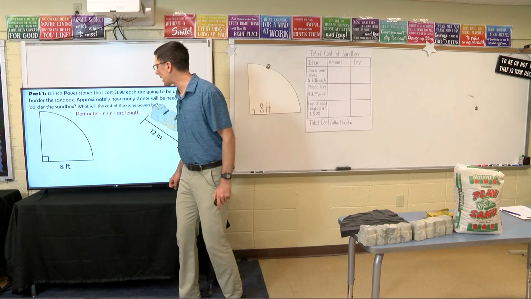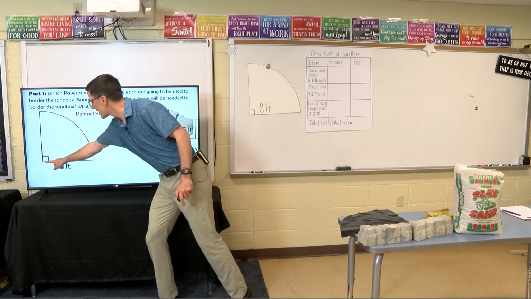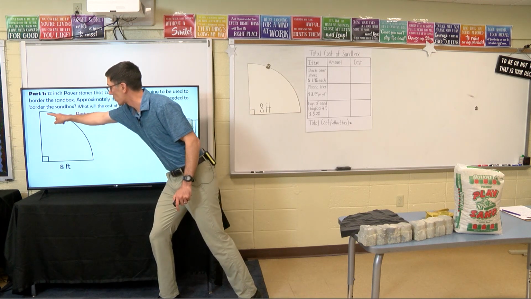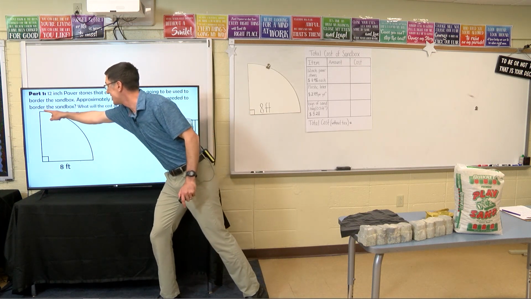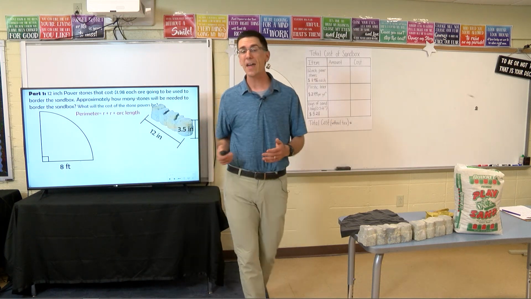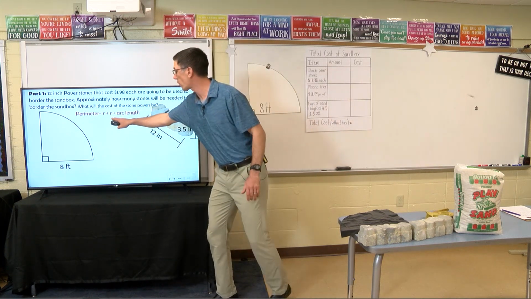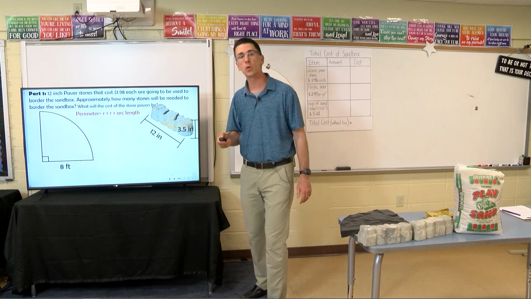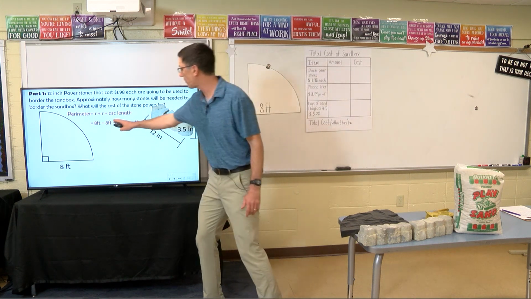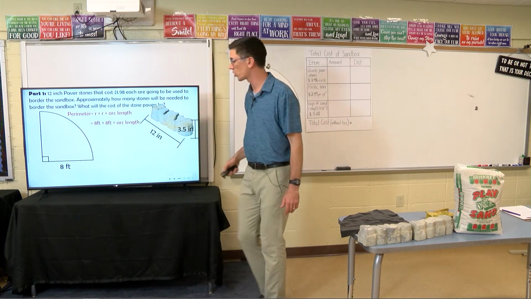If we want to find the perimeter, we are going to take this, which is actually the radius, plus the radius here, plus the length of this arc. And then we are going to add those three together, radius plus arc length, and that is going to be the perimeter. So we have 8 feet plus the arc length.